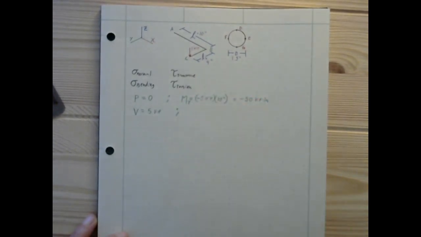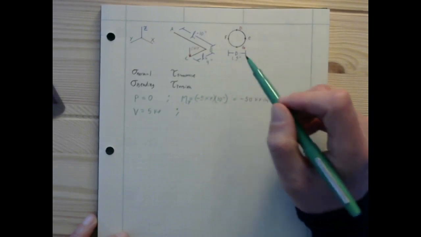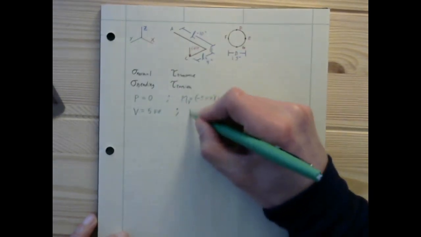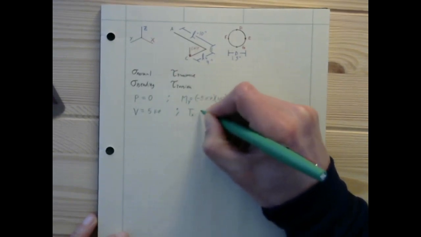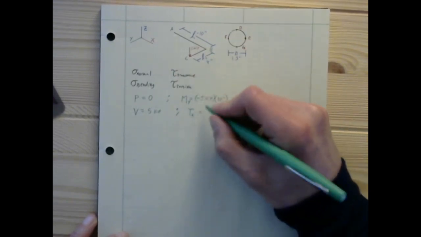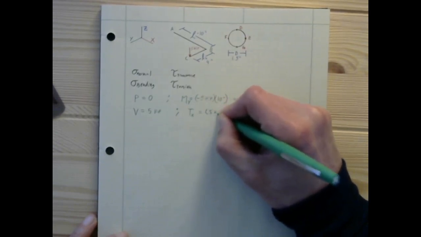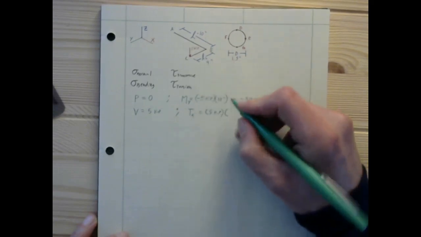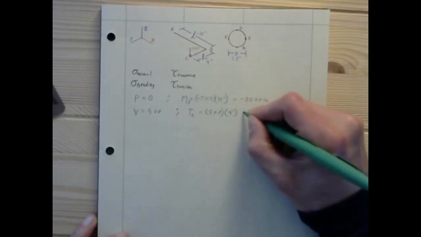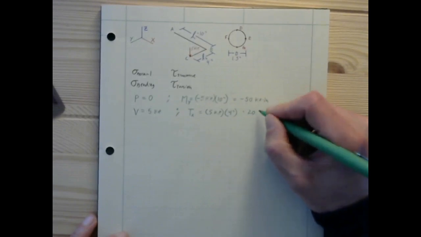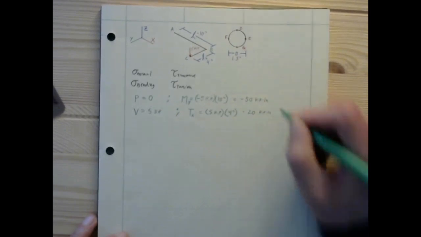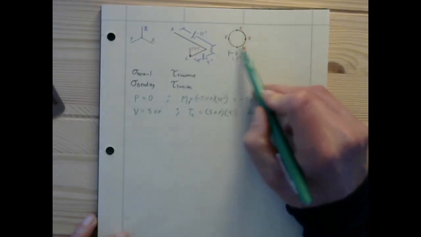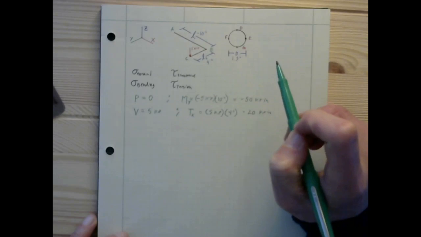And our torsion, that has to be our moment about the x direction. So that's going to be our 5 kips times our lever arm here, which is 4 inches, which is 20 kip inches. And we just need to remember that it's being twisted counterclockwise.